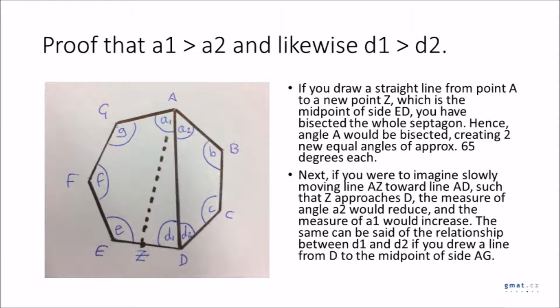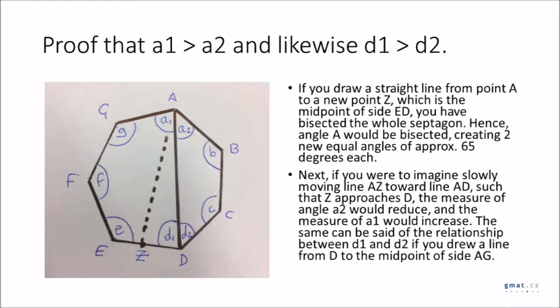Next, if you just imagine we slowly close the gap between AZ and AD, so basically it just falls down and lies on top of AD, well, angle A1 gradually increases and therefore A2 decreases. That implies that D1 and D2 also share the same relationship.